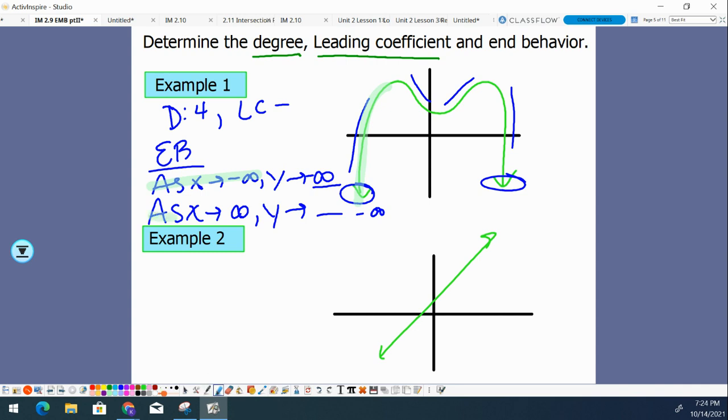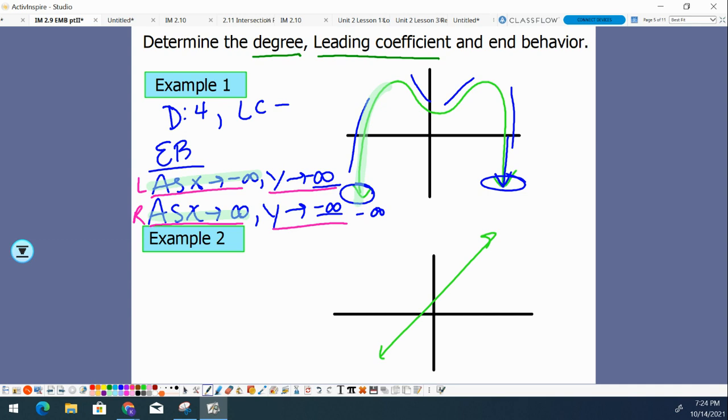As we trace the right side of the graph, which way is it pointing? It's also pointing down to negative infinity. So when you see this, it just means the left side. When you see this, it just means the right side. You're just going to say, is it pointing down or is it pointing up? In this case, both were pointing down.